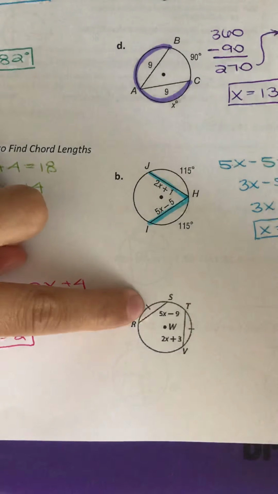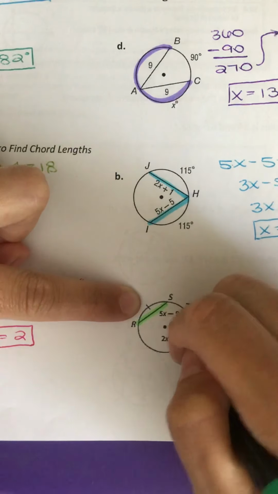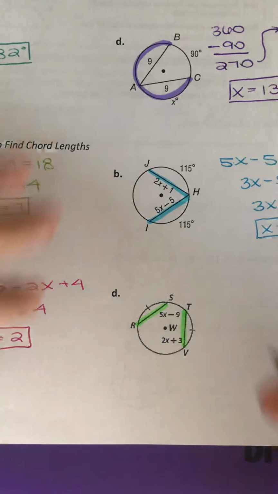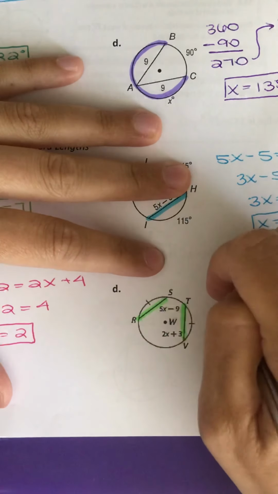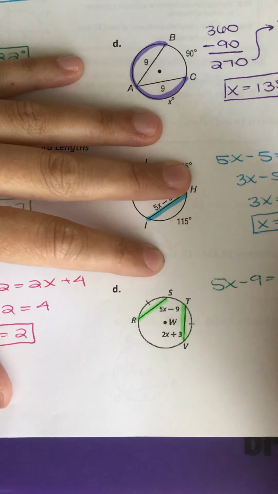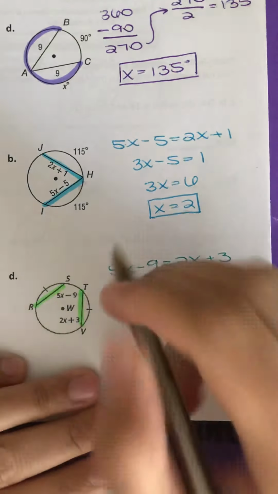Again, two sets of arcs are congruent, so I'm going to set my chord 5x minus 9 equal to 2x plus 3. Subtract 2x.